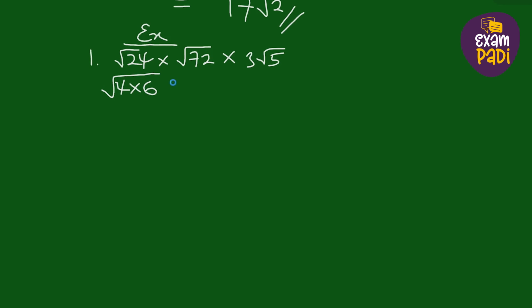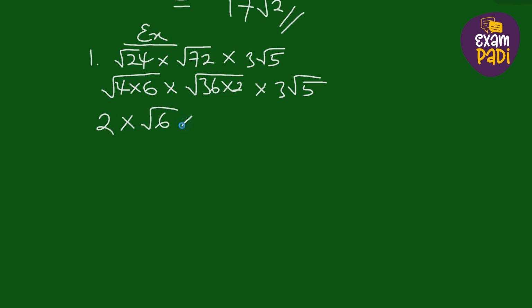Root 72 can be written as 36 times 2. And then we have 3 root 5. Square root of 4 would give us 2 times root 6, times square root of 36 would give us 6 root 2, times 3 root 5.